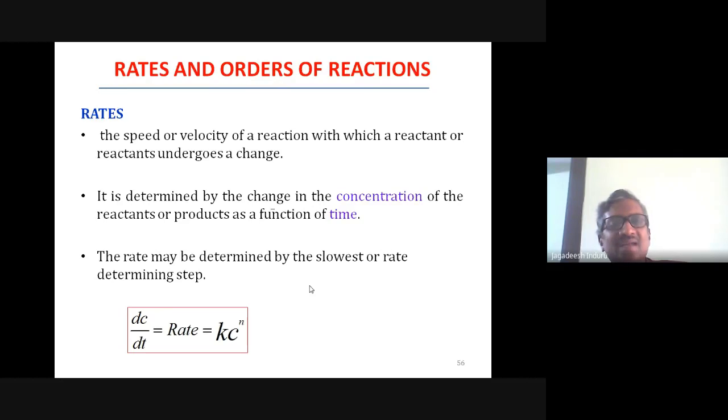In our practical of PP2, we are going to do both, either that or this. The rate may be determined by the slowest rate, which determines the pace of the reaction when two or more reactions are going on.